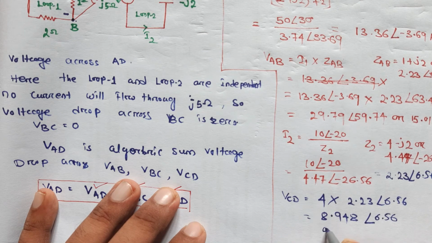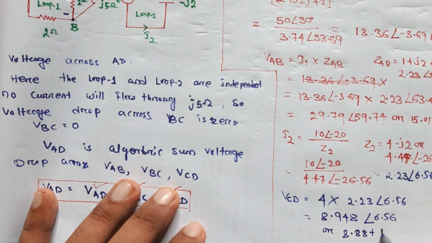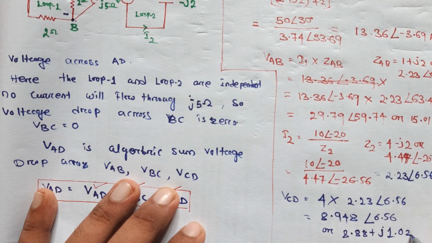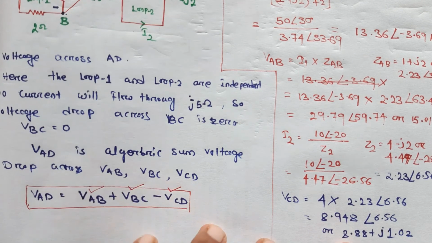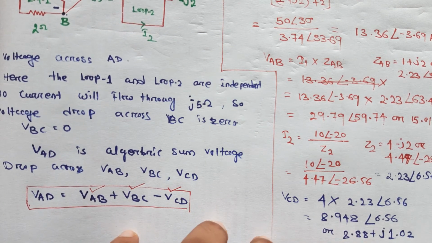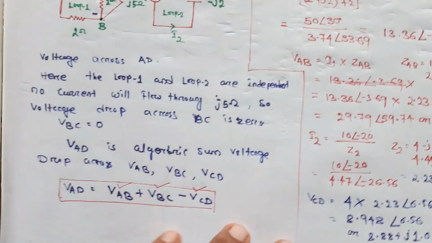Or we convert this to rectangular form, which is 8.88 plus j1.02. This is the VCD value.